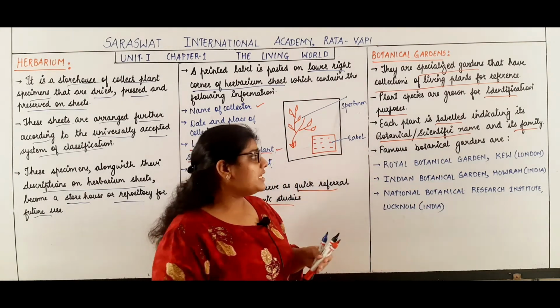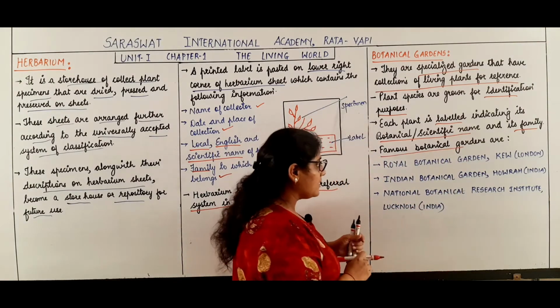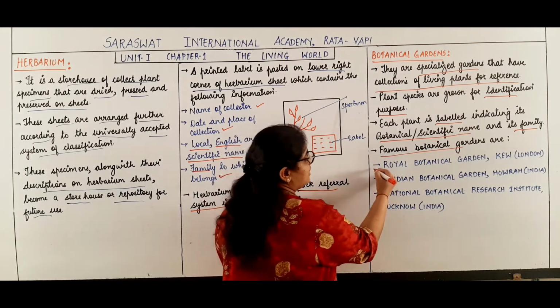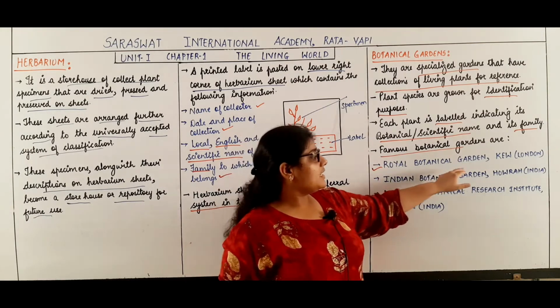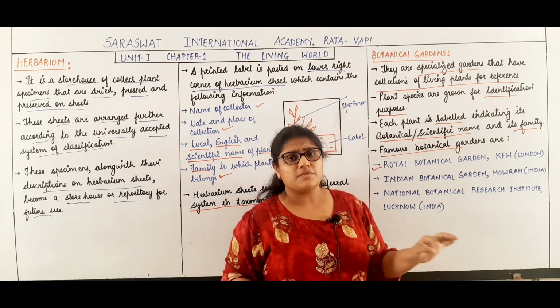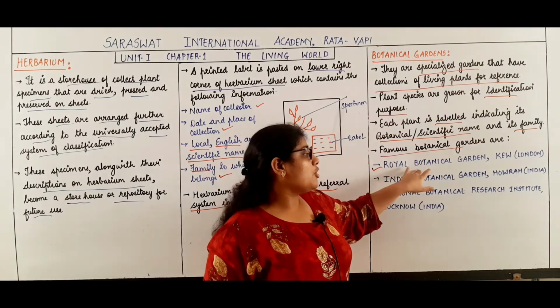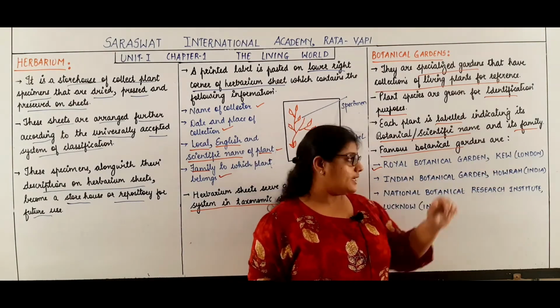Now, some world famous or important botanical gardens are: first one, the Royal Botanical Garden in Kew, London. Students, this is very important for your NEET purpose as well as for your board. Royal Botanical Garden in Kew, London.